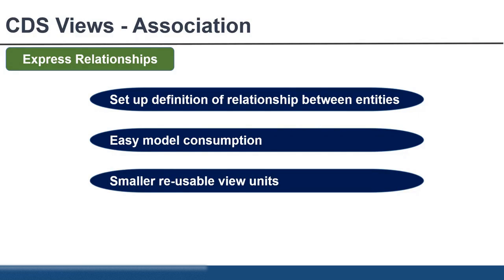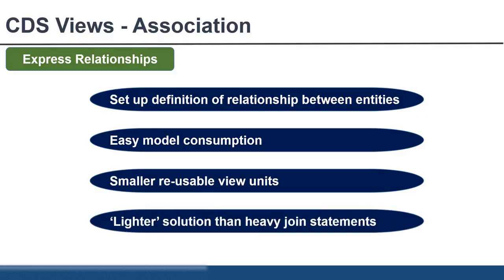So we can have smaller reusable view units, and they're much lighter than the heavy joins. Associations can be considered as join on demand. Basically, for certain types of associations, the join is triggered when it's actually demanded by the application consuming the views.